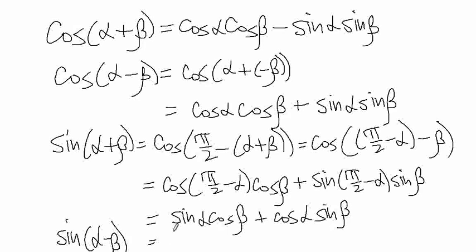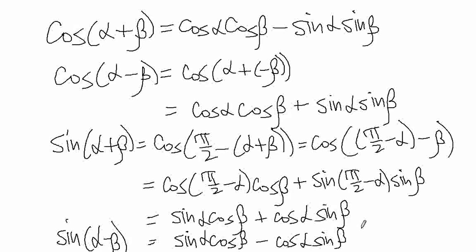So in the right side of what I just wrote down, let me replace beta with minus beta. That's not going to change the cosine, so I'll just keep the cosine of beta. But on the next term, the sine of minus beta is equal to minus the sine of beta. Okay, so that gets me the sine and cosine sum and difference identities.